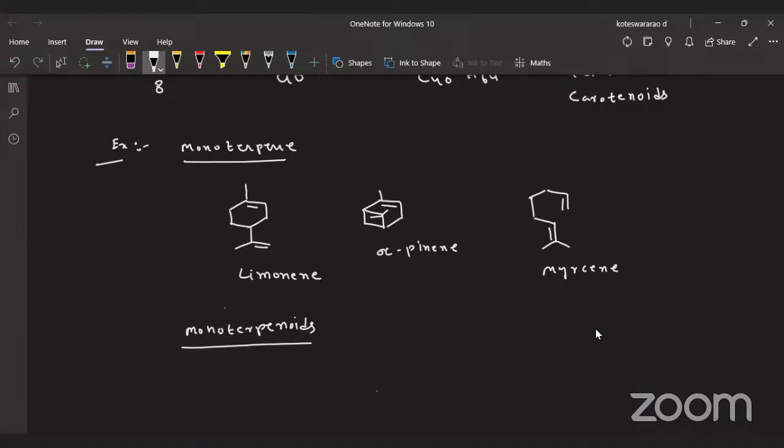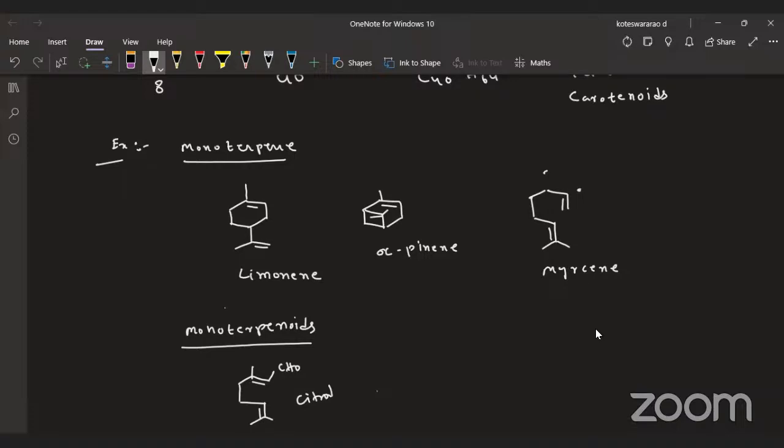For example, an aldehyde function: in this case, we add one methyl group at this position and an aldehyde group, adding one oxygen. Now it is called citral, or citral aldehyde.